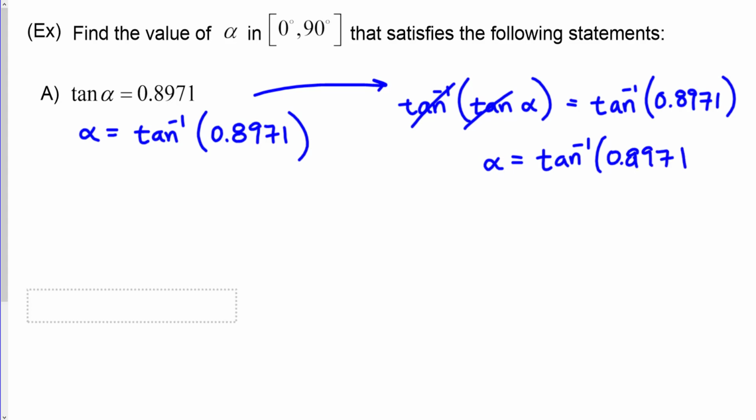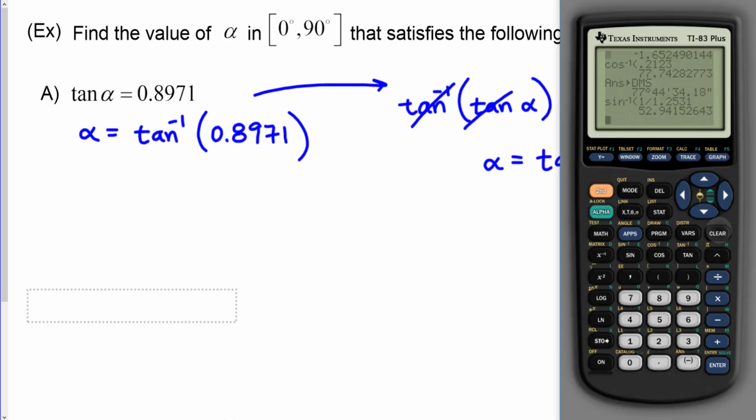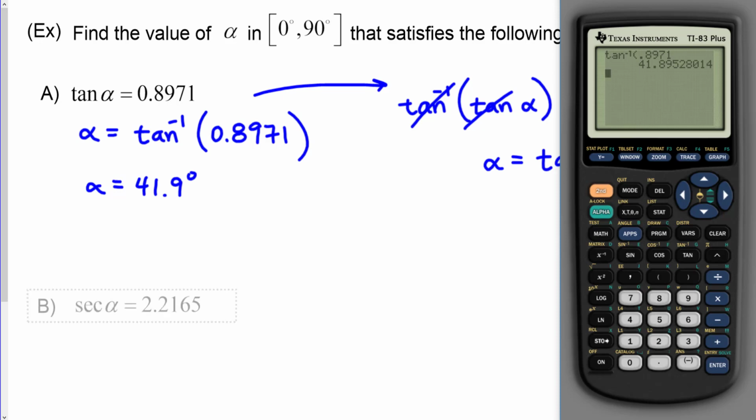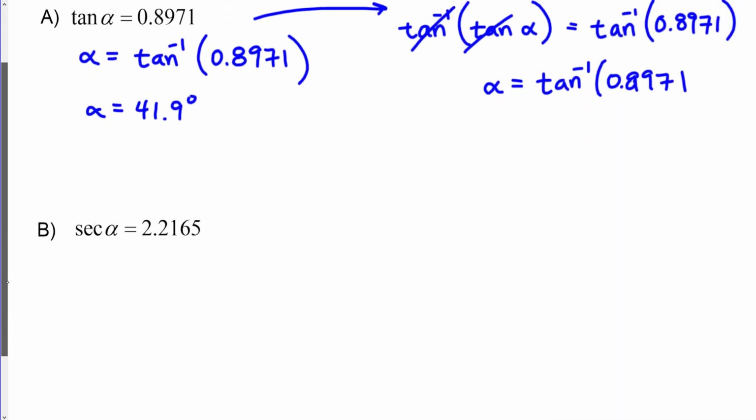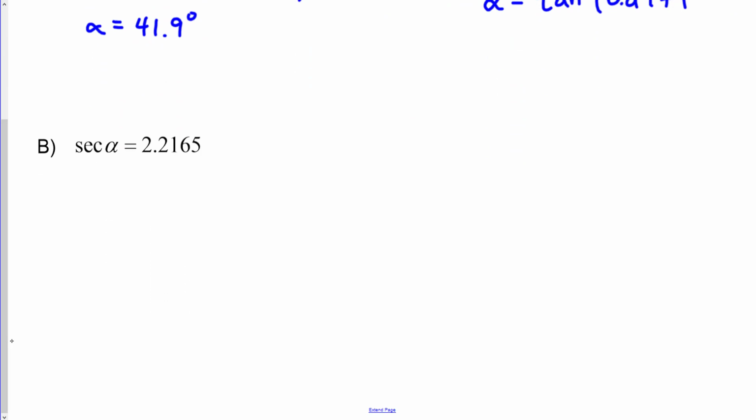Now the calculator is going to find that for us. Luckily, there is a button for arctangent, so second and tan gives you the arctangent of 0.8971, and that gives me an angle measure of 41.9 degrees. Let's try the next one. Secant of alpha is equal to 2.2165.